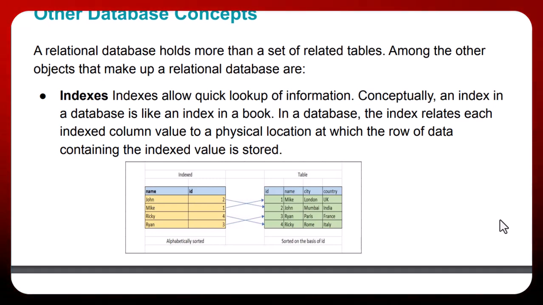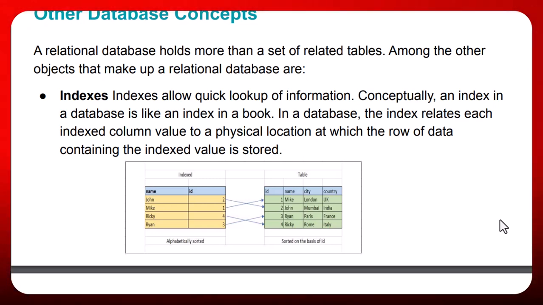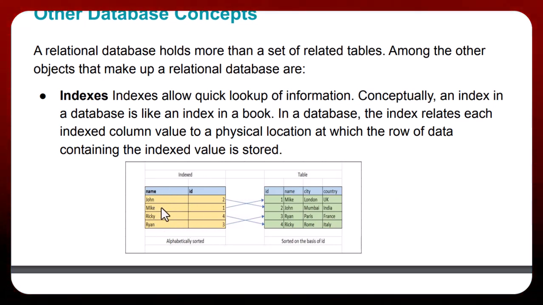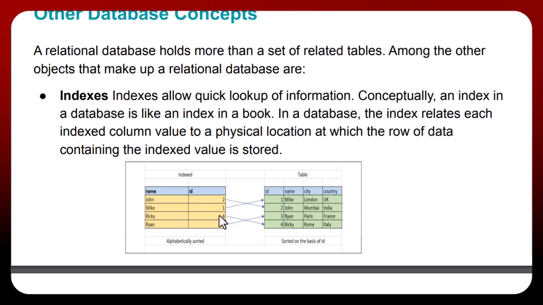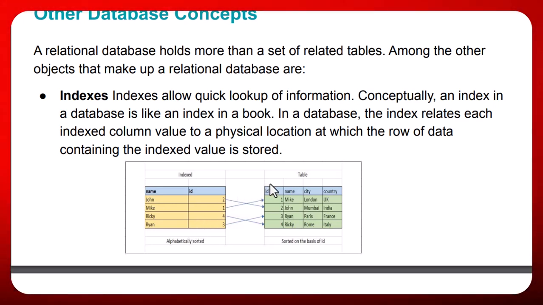In a database, the index relates each indexed column value to a physical location at which the raw data containing the information is stored. So, for example, in the yellow table you have name and ID. Now, this ID, for example number 1, gives a location for the information about, for example, Mike, etc.